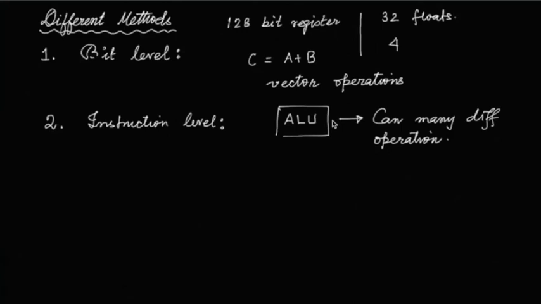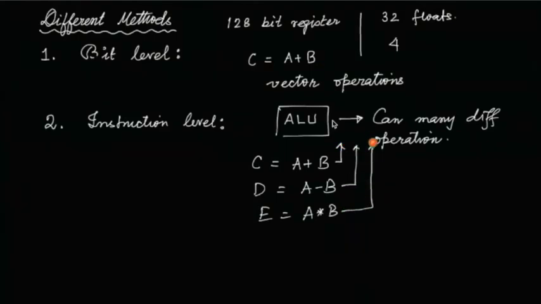So in our previous example, each of these numbers, C, A, and B, is still 128 bit only. So we are using 128-bit floating point numbers. But because my ALU has these different adders, I can say in my instruction I have C equals A plus B, D equals A minus B, E equals A times B, etc. These can go to different parts of the ALU and be done together.